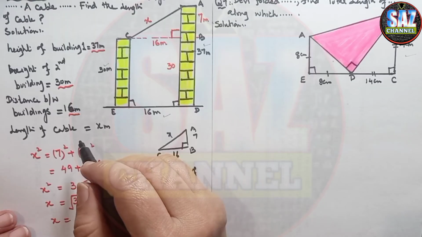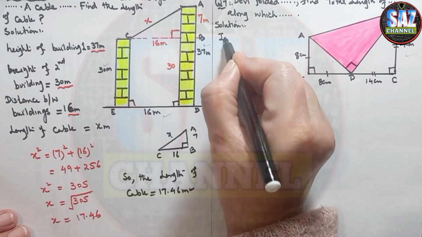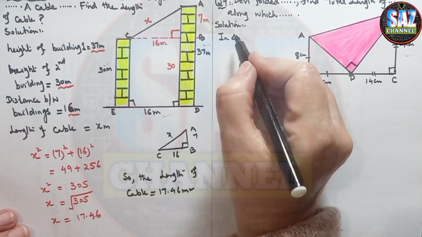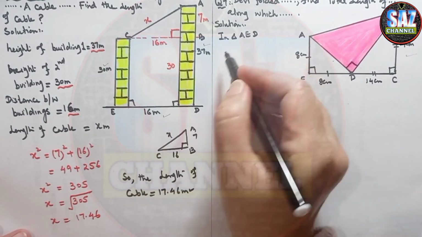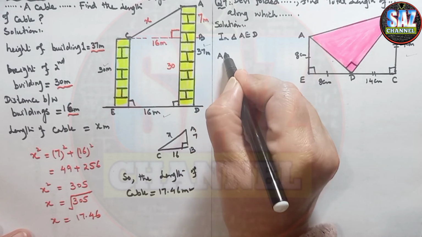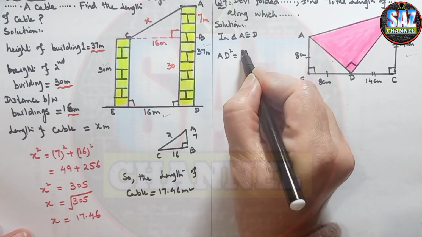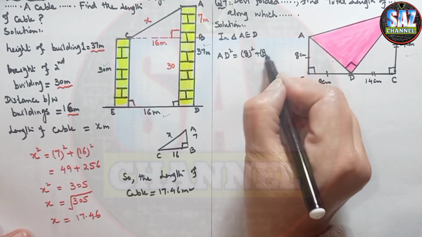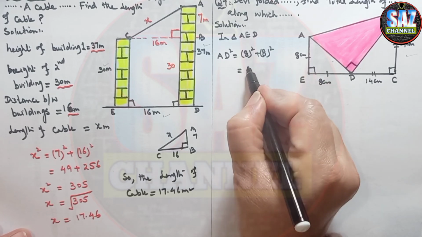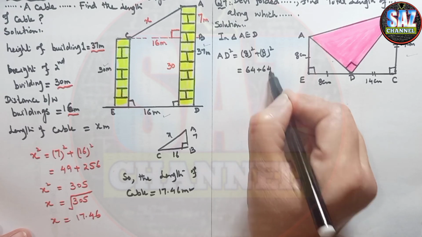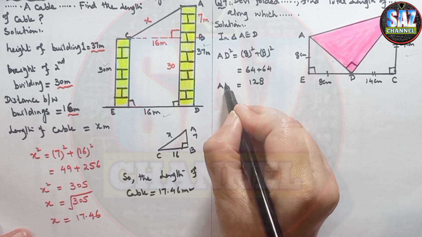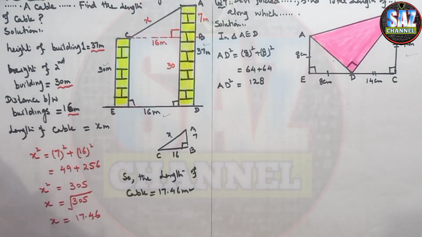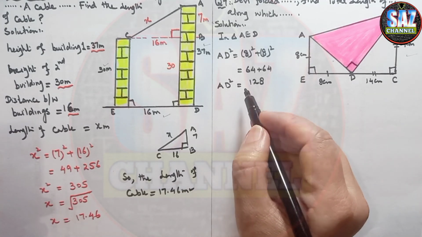In triangle AED, AD square will be equal to 8 square plus 8 square, that is 64 plus 64, which is equal to 128. And now I have to take the square root of 128 with the help of a calculator. The square root of 128 is 11.31.